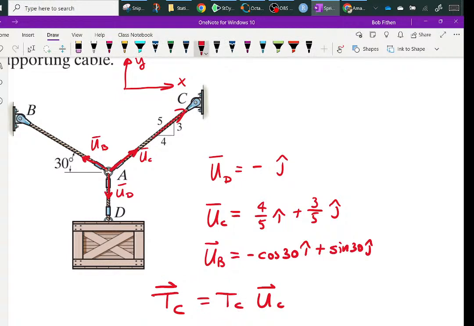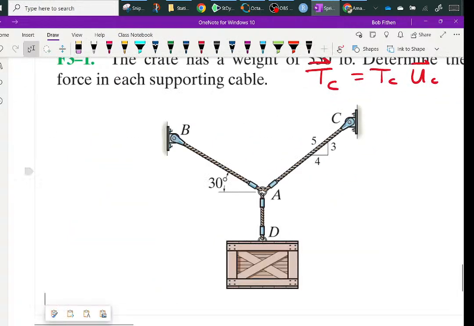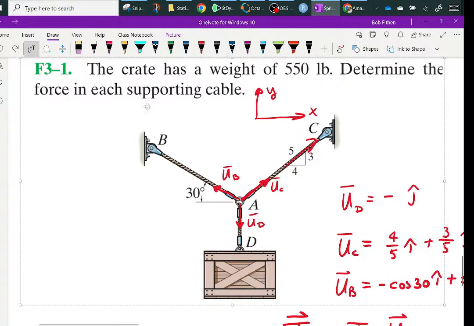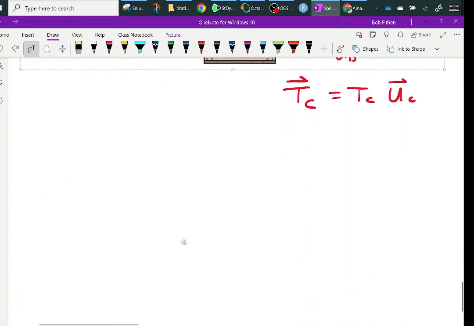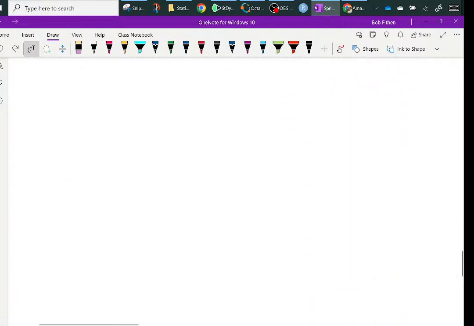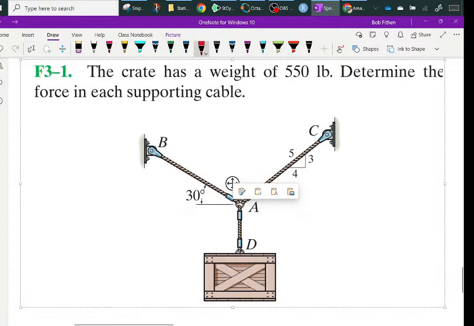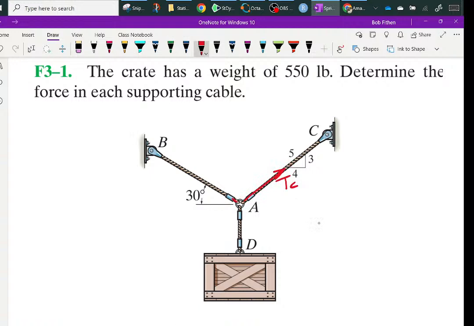So if I took that picture and did a copy, and dropped it somewhere else, the picture says I have a tension in C, I have a tension in B, and I have a tension in D. Now, if I do that in this way, the way we've talked about before, these should all be vectors.